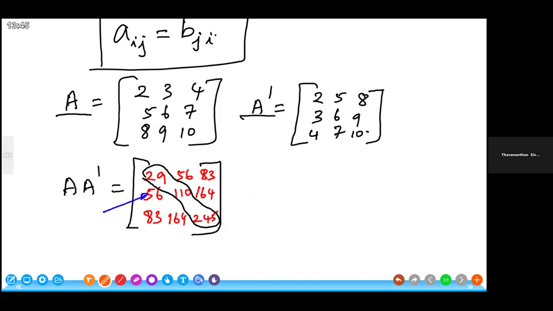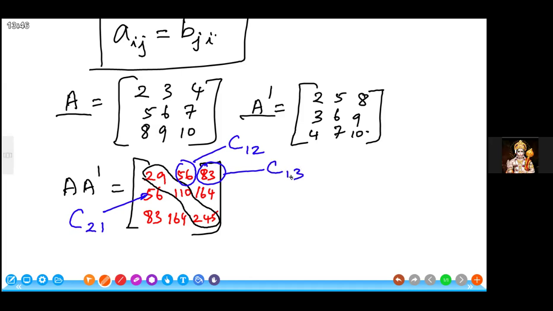How do we write the notation for this? C21. How do we write notation for this? C12. How about this? C13. How about this? C31.